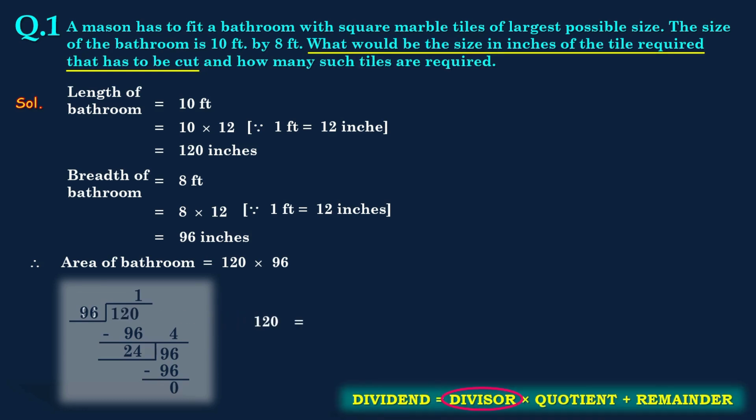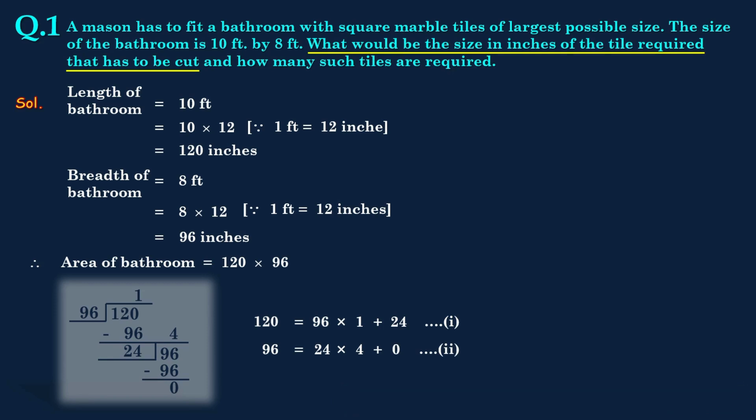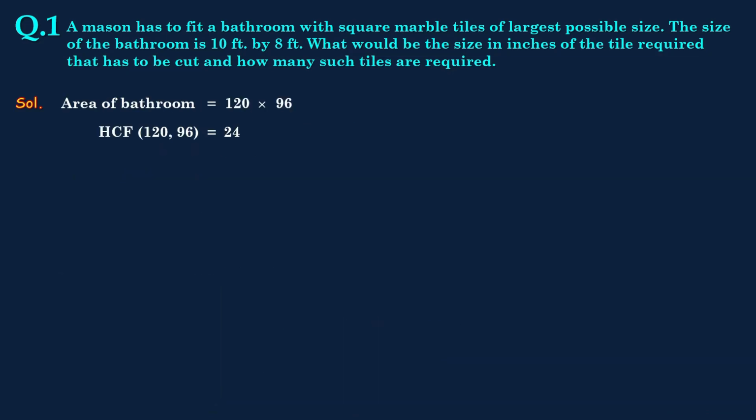Okay. So if we write it in the Euclid's division algorithm, 120 equals 96 into 1 plus 24, then 96 equals 24 into 4 plus 0. Since we got remainder as 0 over here, the divisor will be the HCF. Okay. So now the HCF of this length and breadth is 24.